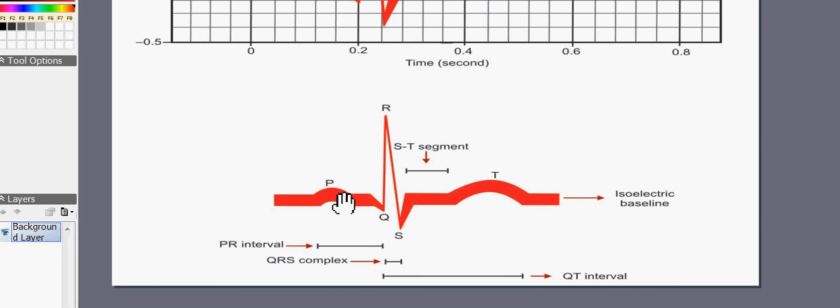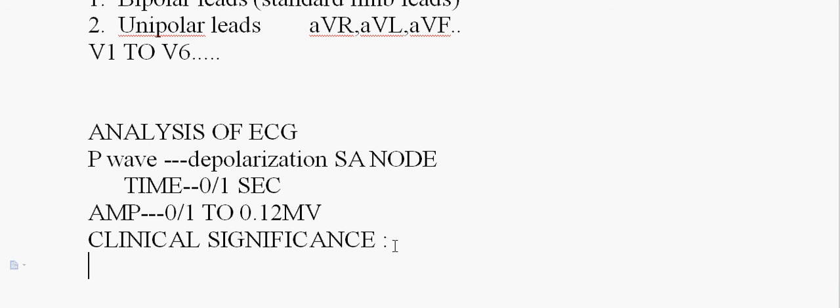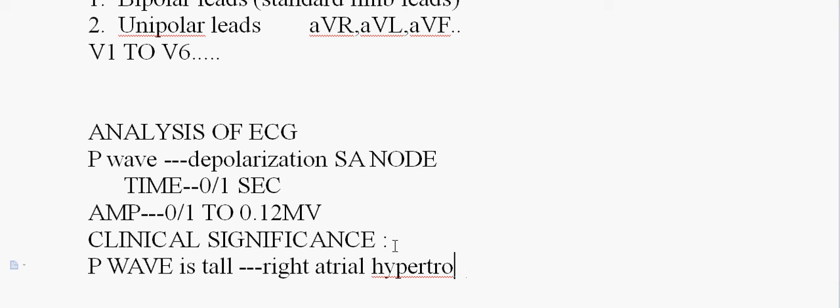If the P wave looks a little taller, then we can make a diagnosis that the patient may suffer from right atrial hypertrophy, or left atrial hypertrophy if it has a broad base. So if it is tall, we can suggest that the patient has right atrial hypertrophy. If it has a broad base, we can suggest that he or she might have left atrial hypertrophy. Along with this, if we have a small or shapeless P wave, we have atrial extrasystole. So write it down.